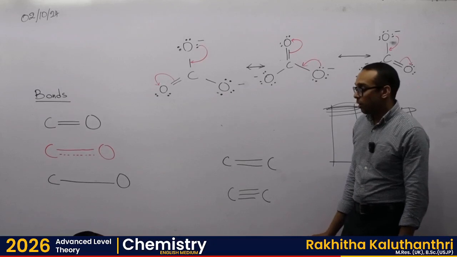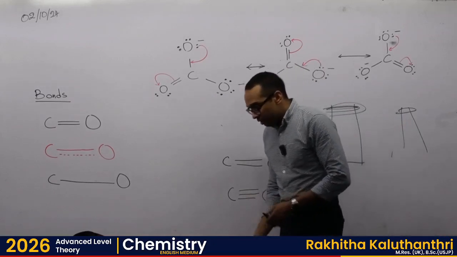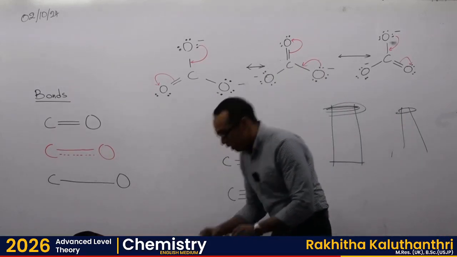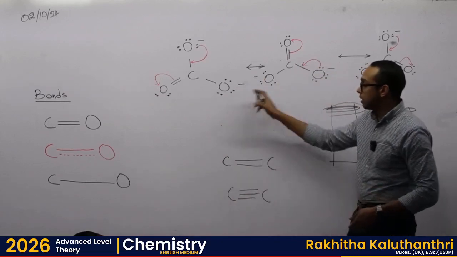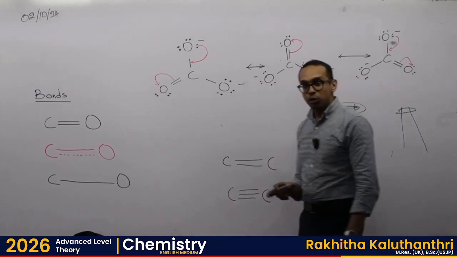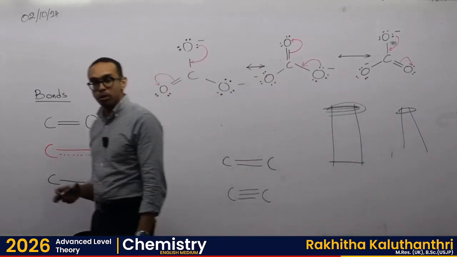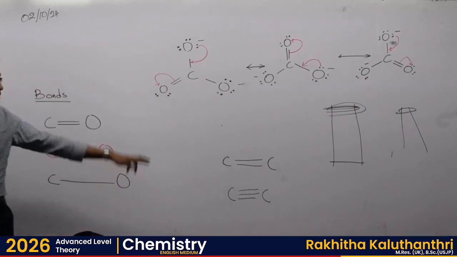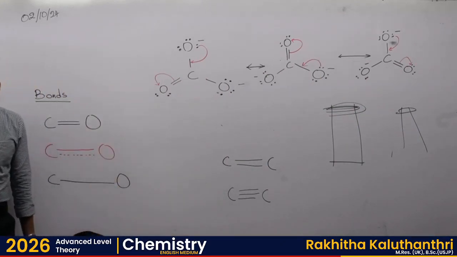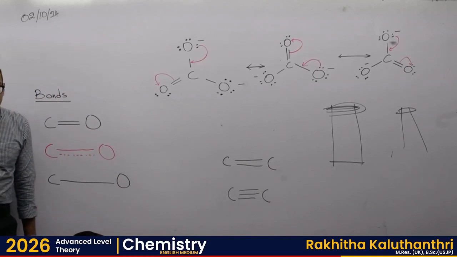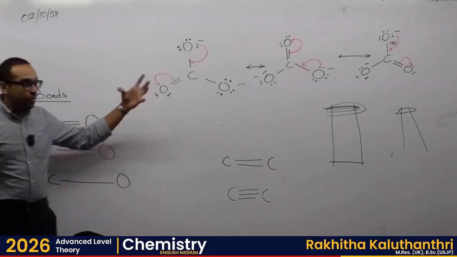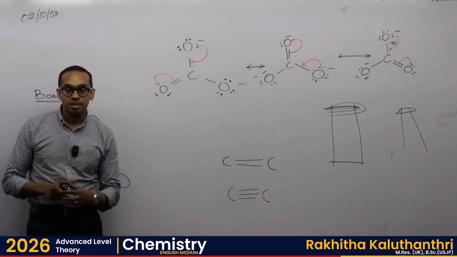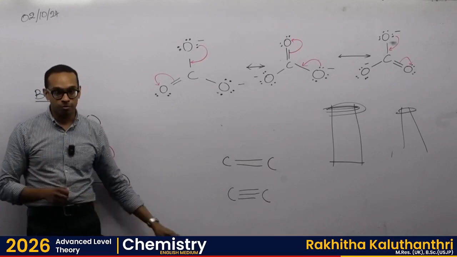So that means the resonance structures we drew over here are not actually present in the real molecule. Instead, the real molecule has a completely different structure. What is it? It is a mix of these three. We say a hybrid of these three.